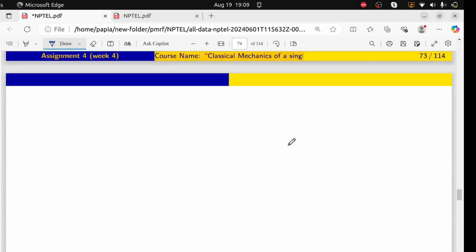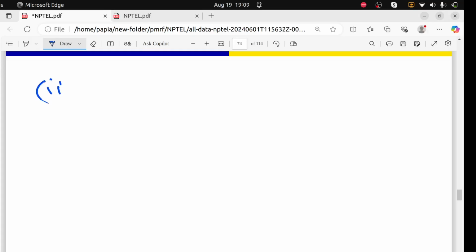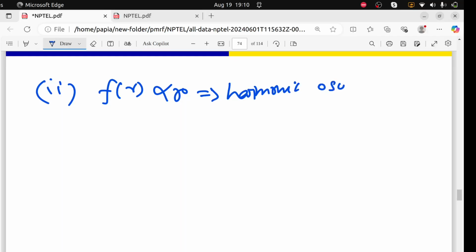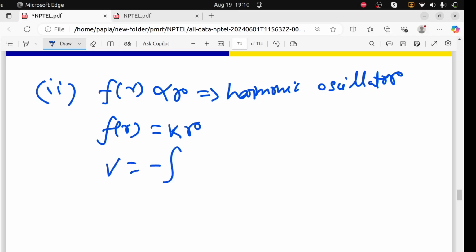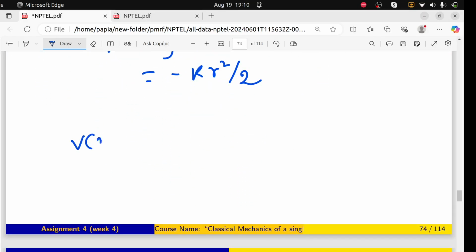And coming to the second one, if Fr is proportional to r, which is the harmonic oscillator. Now let's say Fr is k into r, so phi will be minus kr dr, so it is minus k r square by 2. As a whole I can see V of r will be proportional to r square.